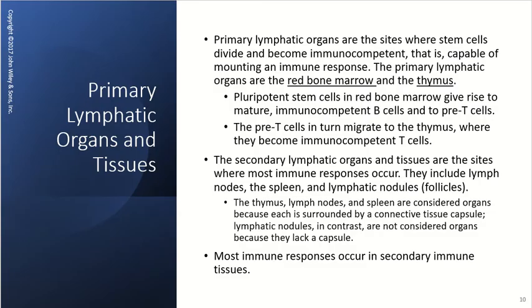So we're going to start looking at the primary lymphatic organs and the tissues that are all going to make up the lymphatic system. The primary lymphatic organs are going to be the site where stem cells are going to divide and become immunocompetent. That means that they are going to be able to mount an immune response.